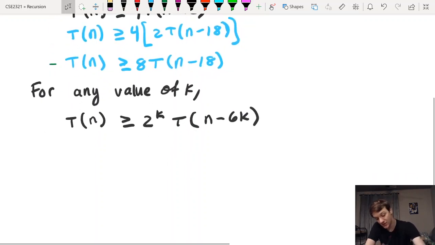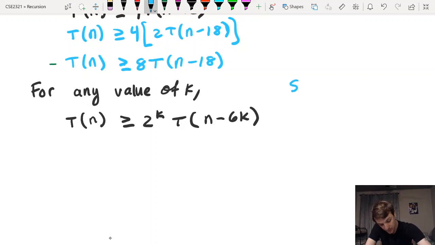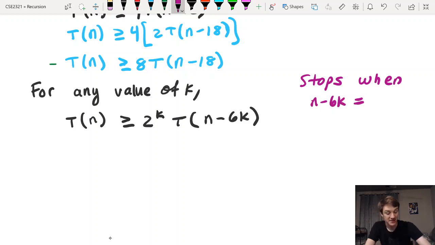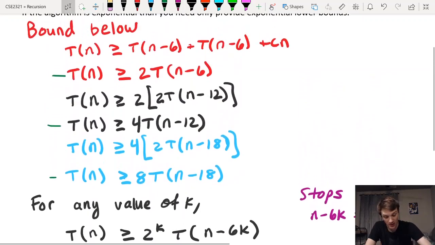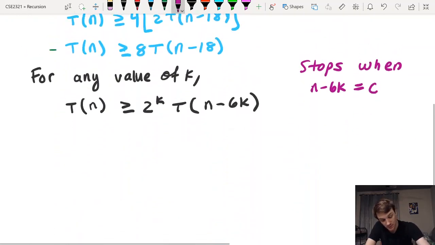Now we need to find out when this stops. Let's do it in a different color to avoid confusion. This stops when the thing inside of T, which is n-6k, equals our base case. What's our base case? If we scroll up, our base case was 0, so we set that equal to 0 and solve for k. Add 6k, divide by 6.